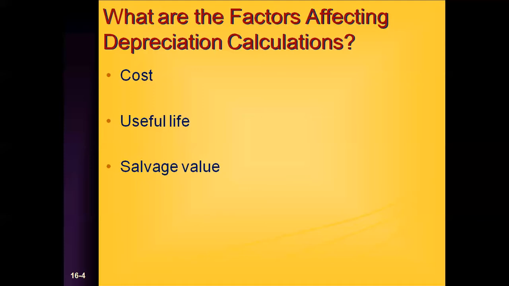And then the fourth factor is the depreciation method. And we're going to talk about the various types of depreciation methods. You're familiar with straight line depreciation. There is also something called units of production method of depreciation. And then there is also something called double declining balance method of depreciation.